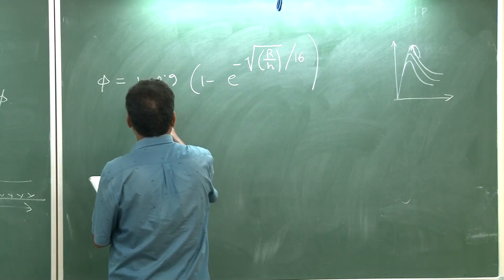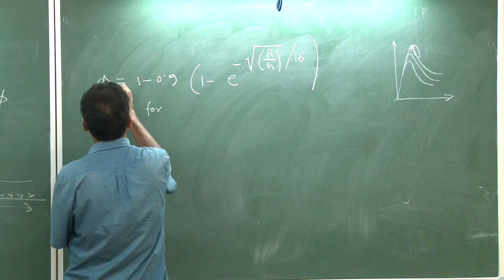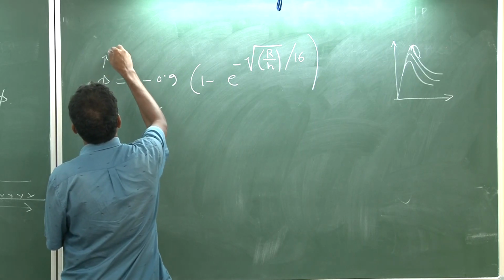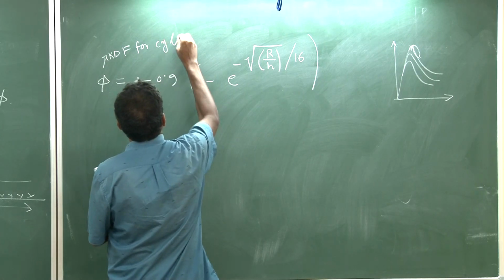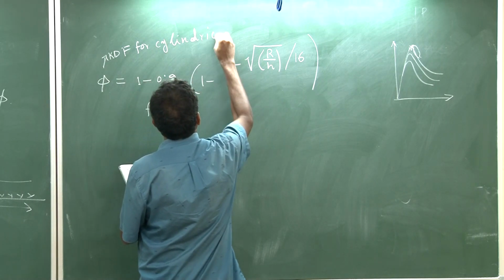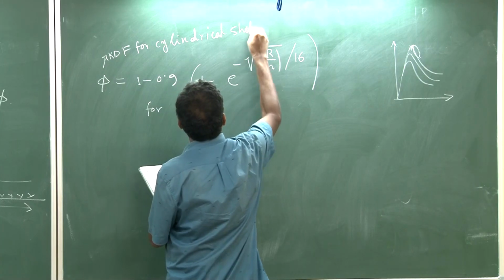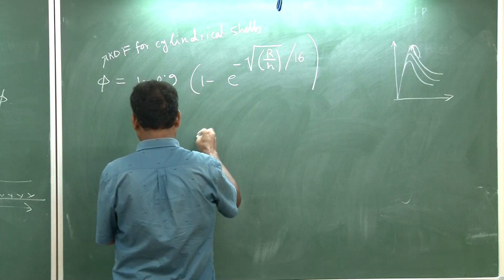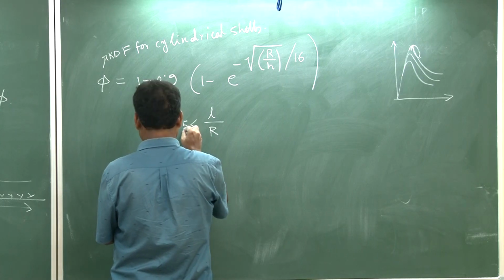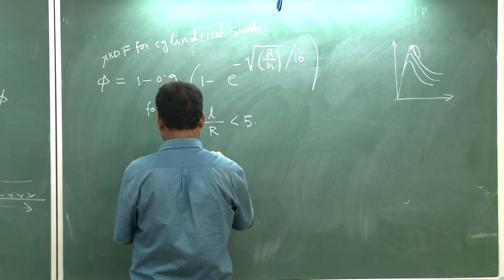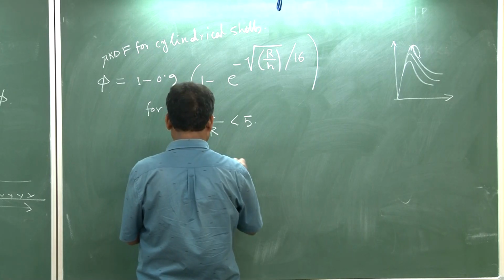This is the KDF, the knockdown factor for the cylindrical shell. This is for L by R greater than 0.5 and less than 5, and capital R by H.